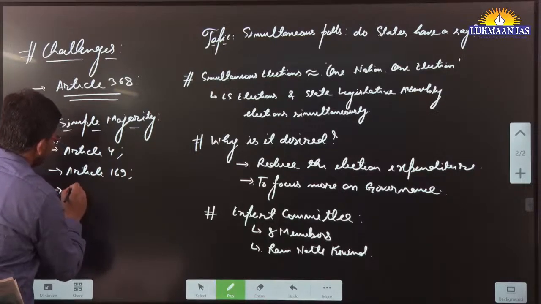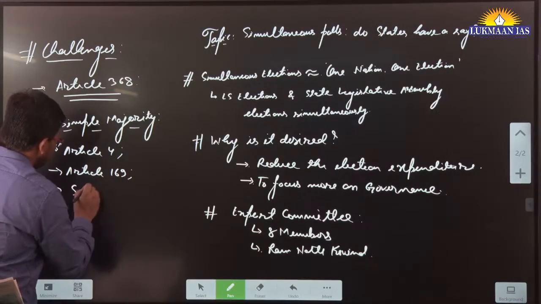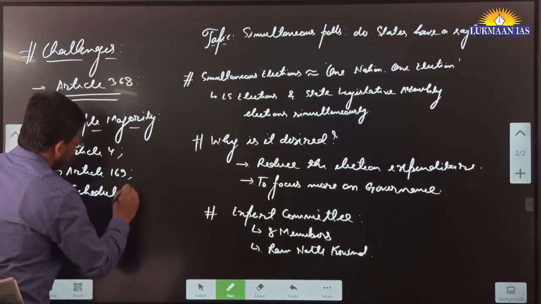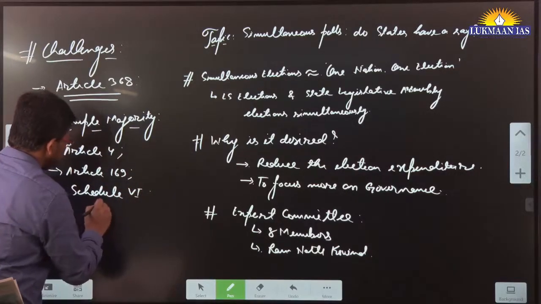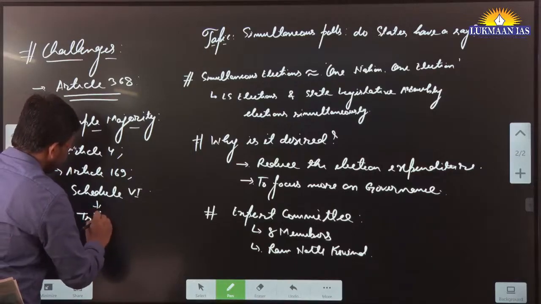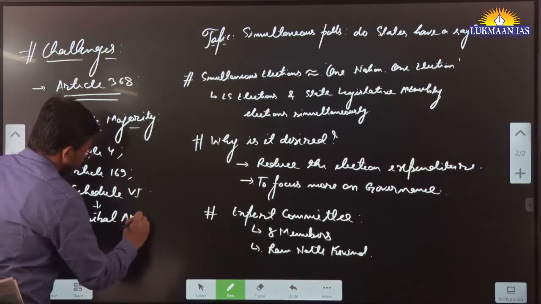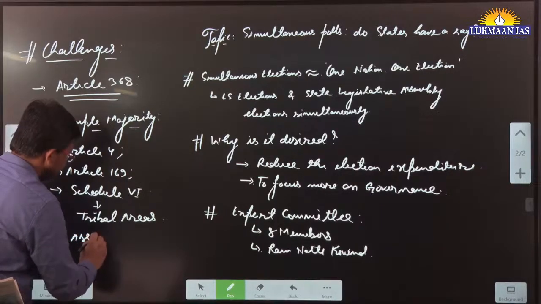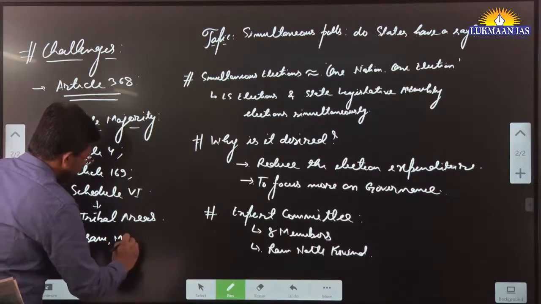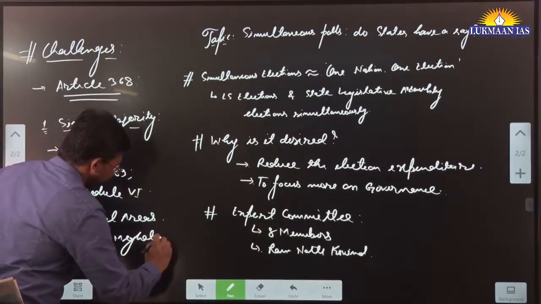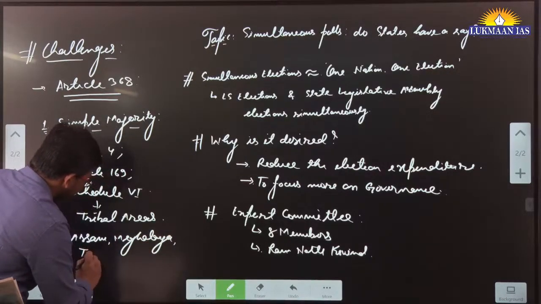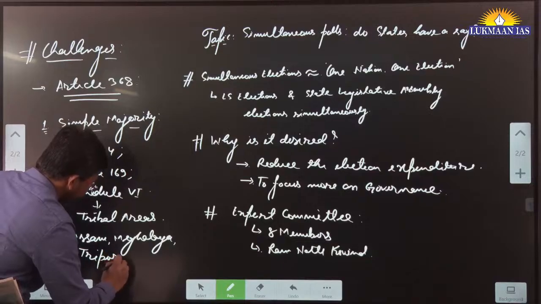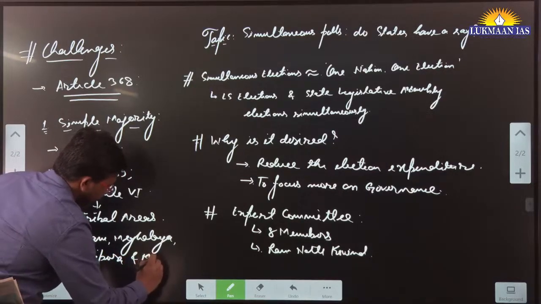Schedule 6 talks about tribal areas, and these tribal areas are there in 4 states: Assam, Meghalaya, Tripura and Mizoram.